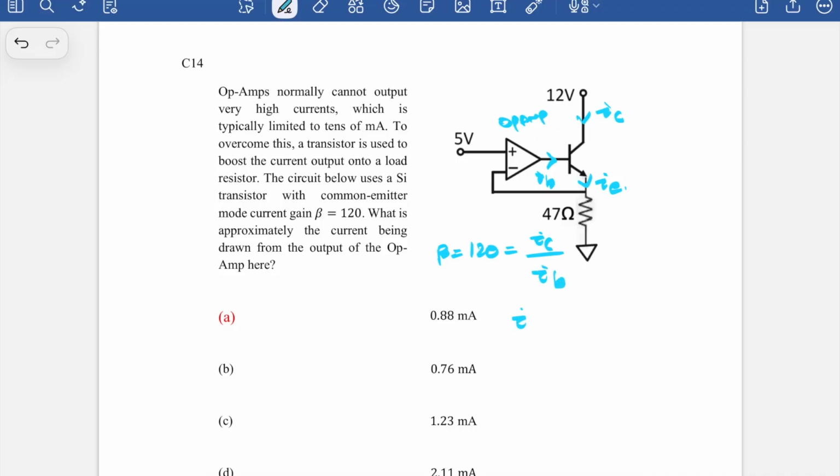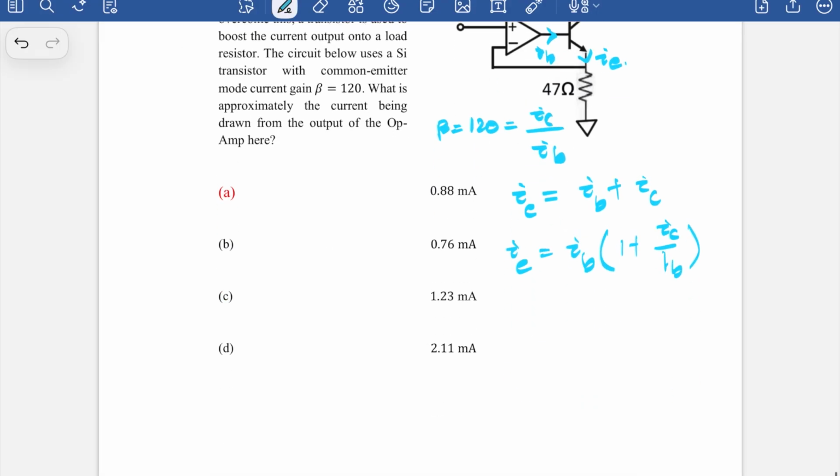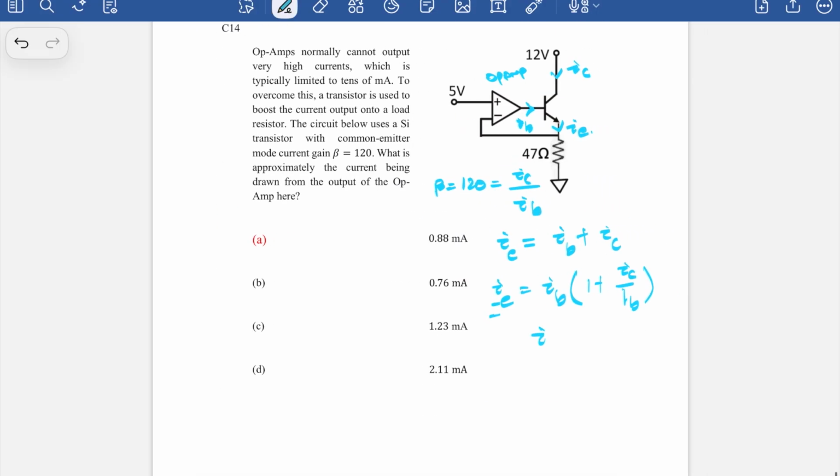And the relation we know, the emitter current IE is equal to IB plus IC, or IE is equal to IB times 1 plus IC by IB, which is equal to IB times 1 plus beta.